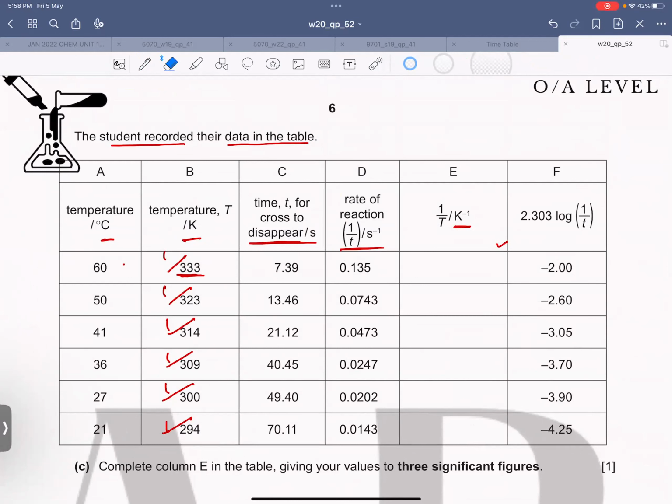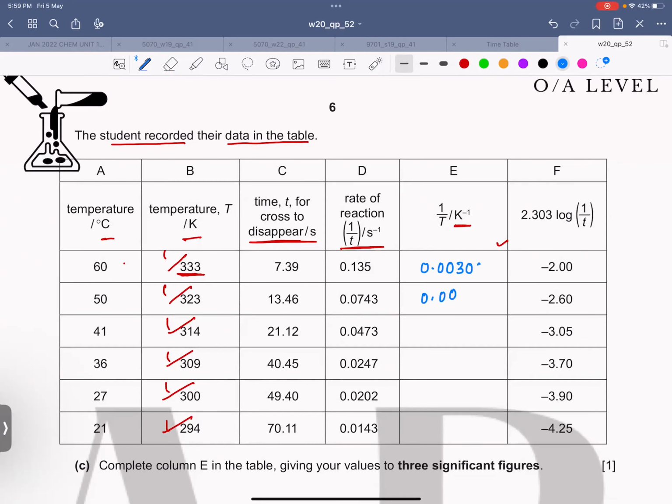Sir, 0.003. 0.003. Yes. Please again. Sir, it's 0.00 and then 3 and 2, because in the graph there is a 3 after it. Yes. Okay, yes. So for the next one, 0.0031.